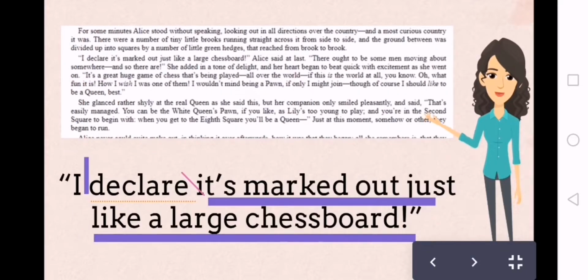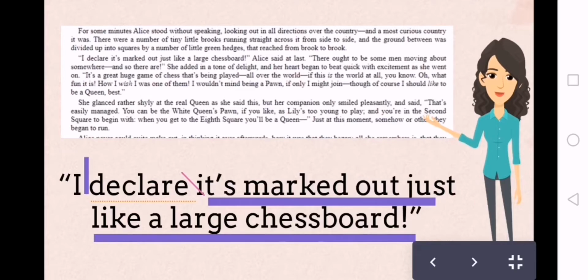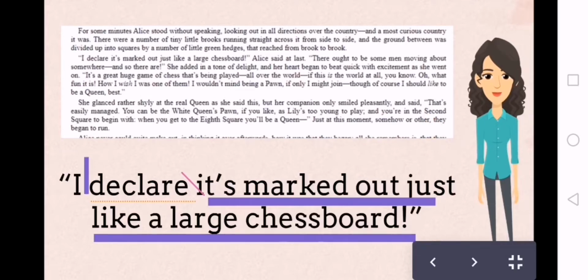The second sentence, "I declare it's marked out just like a large chessboard," has an independent clause, which is "it's marked out just like a large chessboard," and a dependent clause, which is "I declare." However, where is the subordinator? Is it really a complex sentence?